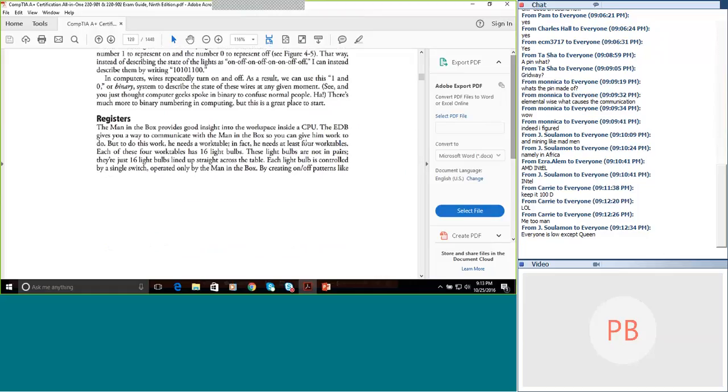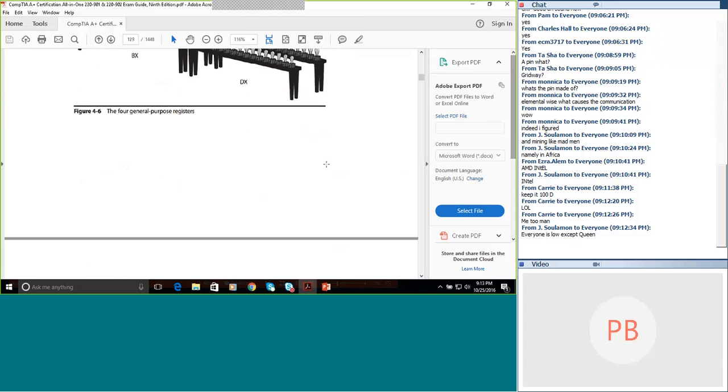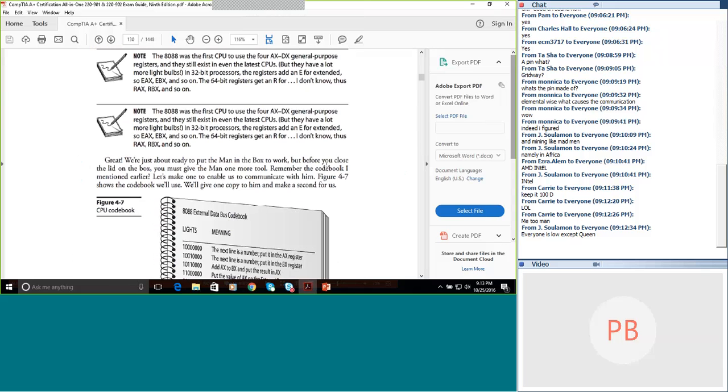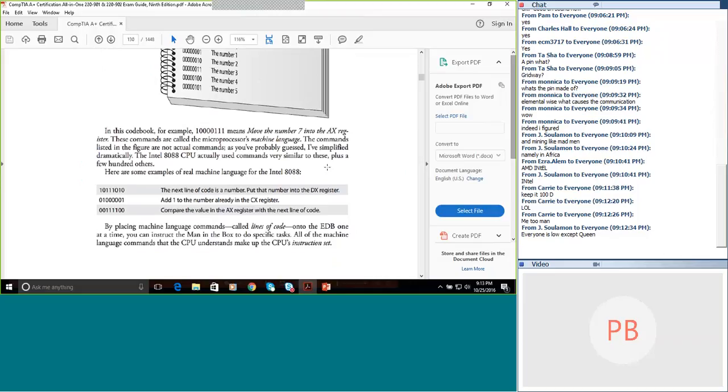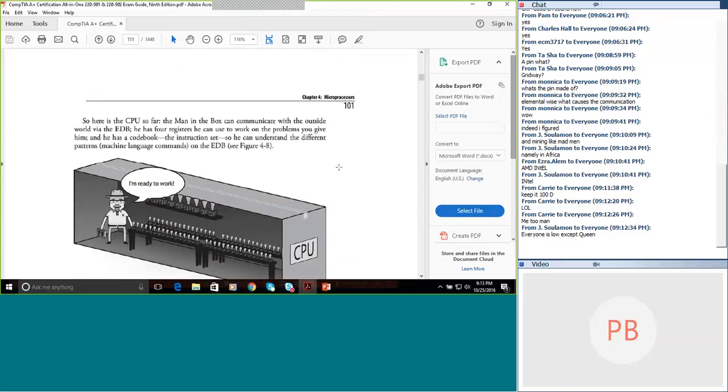So registers are like tiny parts. I feel like I want to use this book, but this book is made for you to read from cover to cover to understand what's going on.